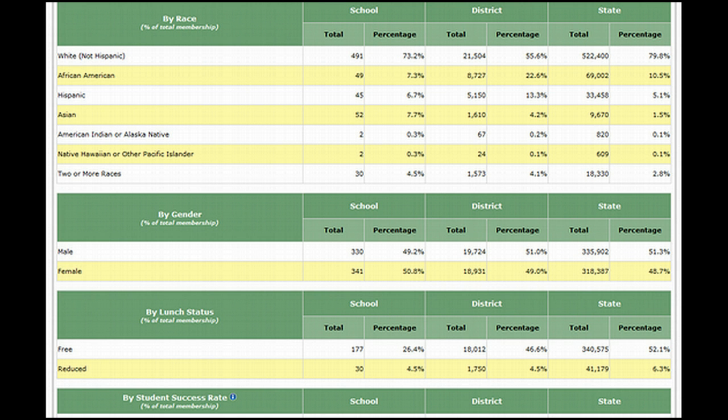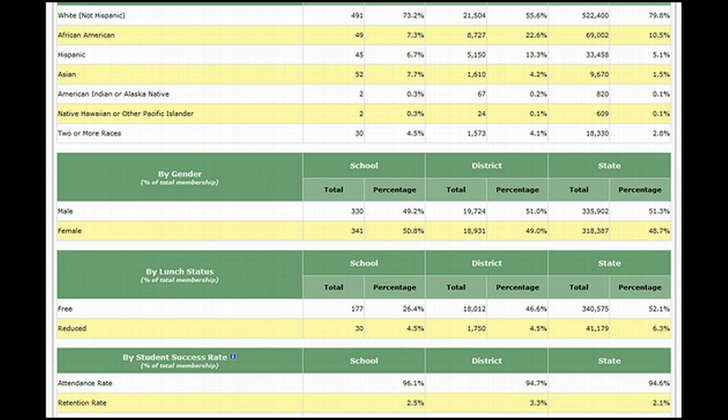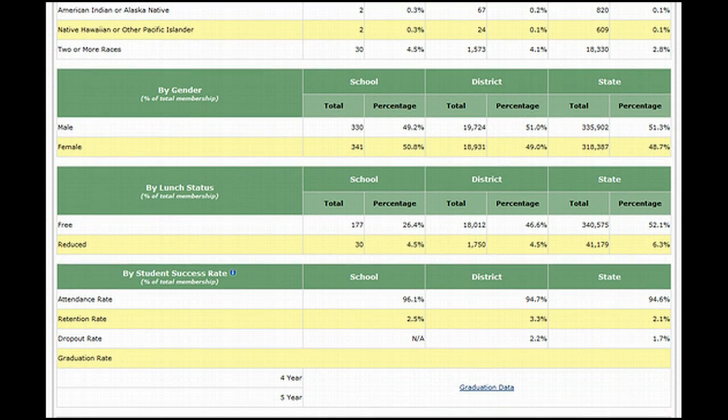There is also a breakdown by gender, number of boys in the school, number of girls in the school, and a breakdown of economic status of the students according to whether or not they qualify for free or reduced lunch. Here's where you get a peek at the economic base of Cassidy School, with only 26.4% of the students qualifying for free lunch and 4.5% qualifying for reduced price lunches.